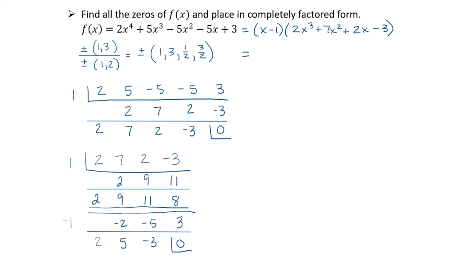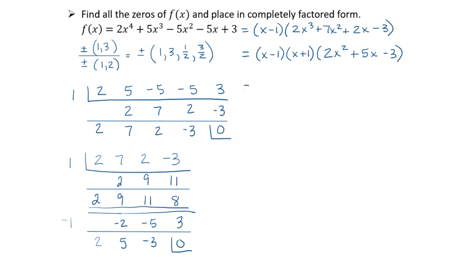That means I can come up here and factor this now as x minus 1 times x minus -1 times the quotient of 2x squared plus 5x minus 3. Well, now that I have it down to a quadratic, I can try and factor this.